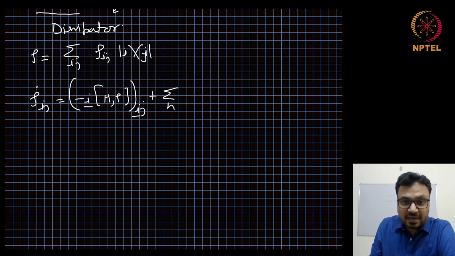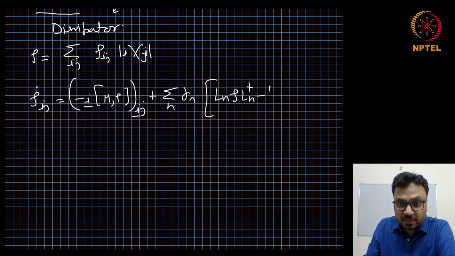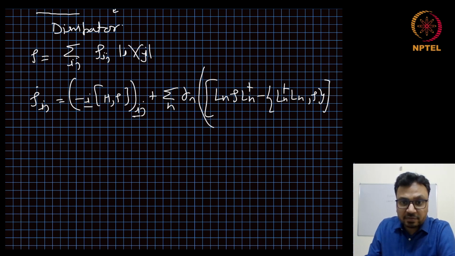Plus sum over n, γn, the ijth element of Ln ρ Ln† minus half the anti-commutator of Ln† Ln with ρ. Ln are the Lindblad operators.